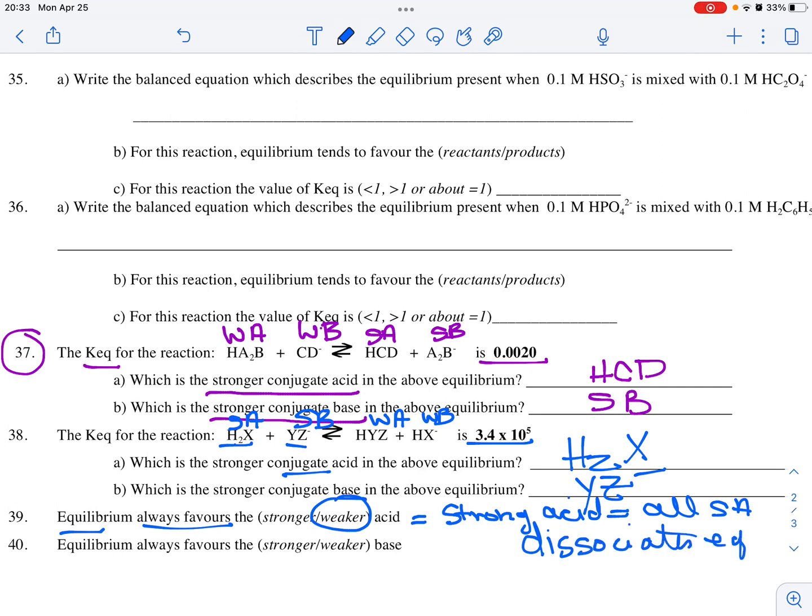So the equilibrium shifts away from a strong acid. Obviously, that's why it favors the weaker acid. And then again, it favors the weaker base.